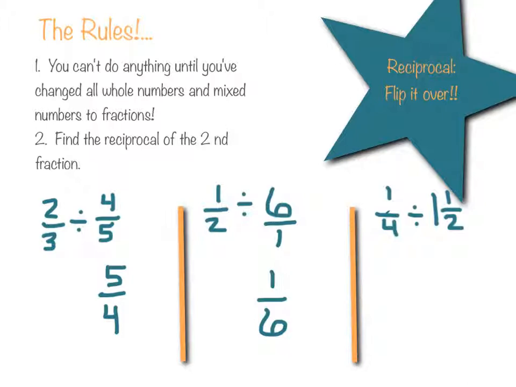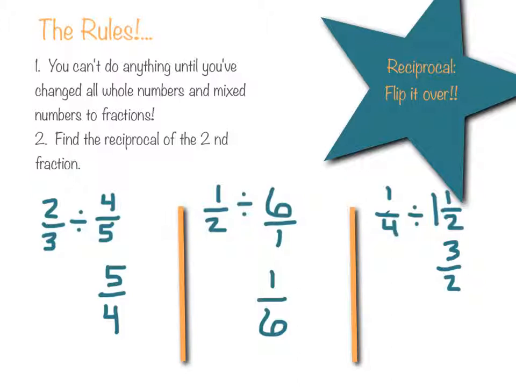And in the last problem, our second fraction, which in this case right now is a mixed number, is 1 and 1/2. So first we have to make it into a fraction form, and in the last slide we changed one just like this that became 3/2. Again, that is not the reciprocal. All you've done so far is change the form into an improper fraction.